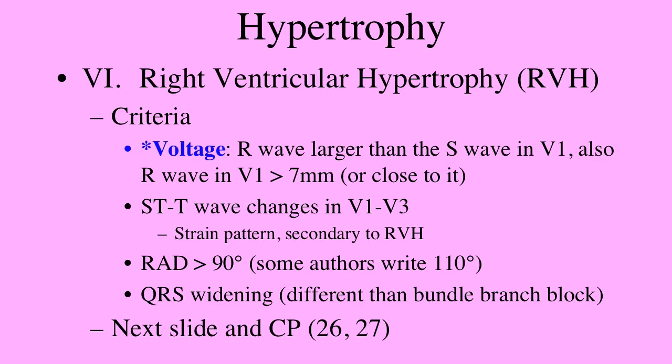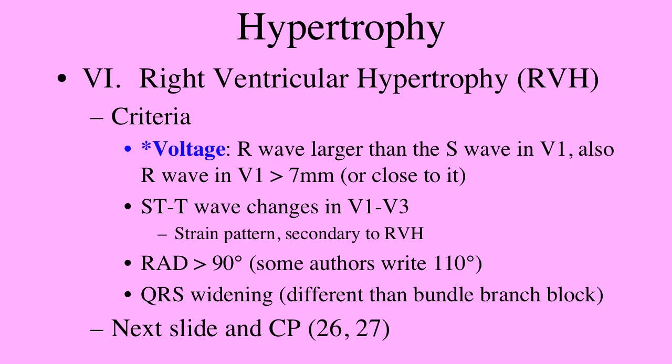And usually it's written as greater than 90 degrees, but sometimes they want to call it a little more, like 110. But generally if you're over 90, you're starting to get over to the right side, right axis deviation. You can follow your axis tools for that to determine axis deviation.